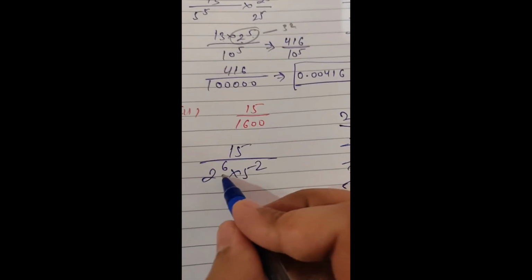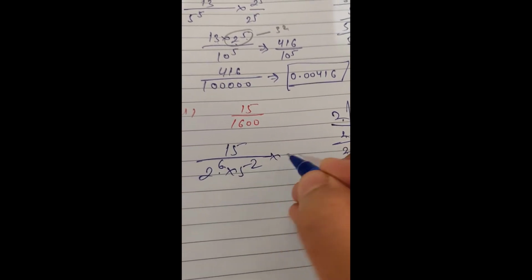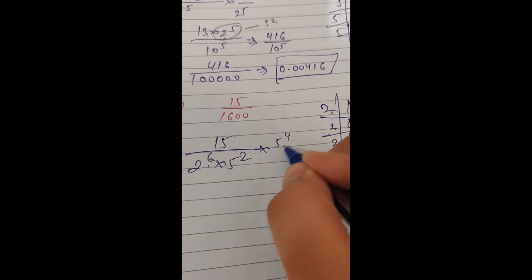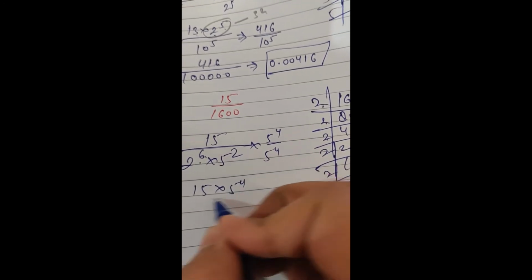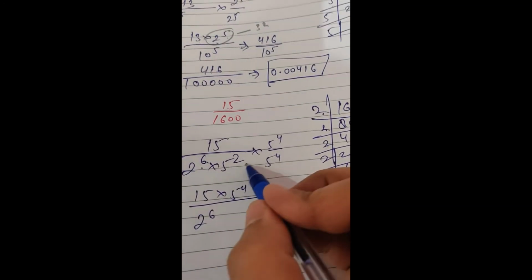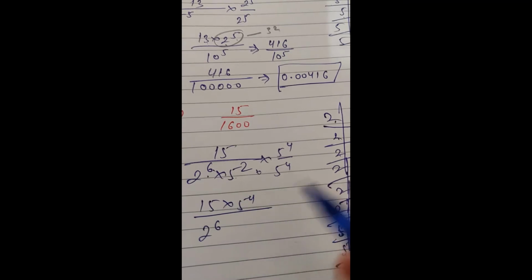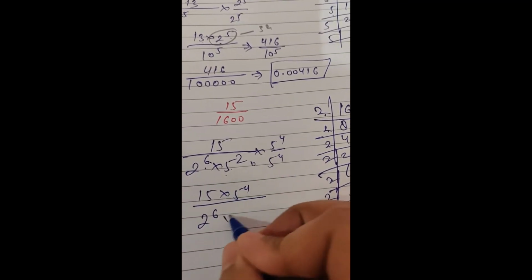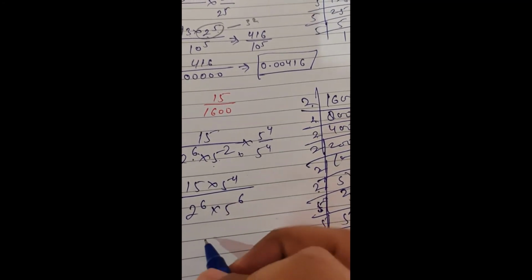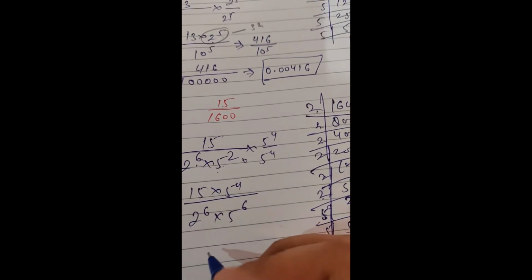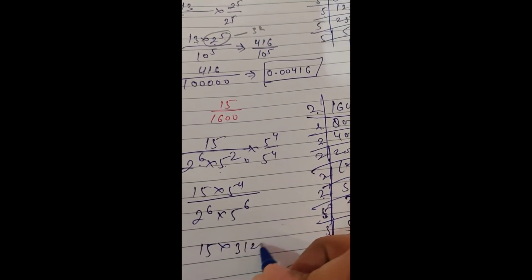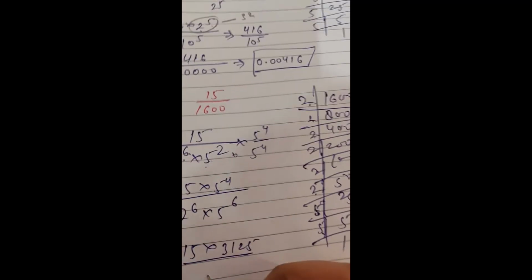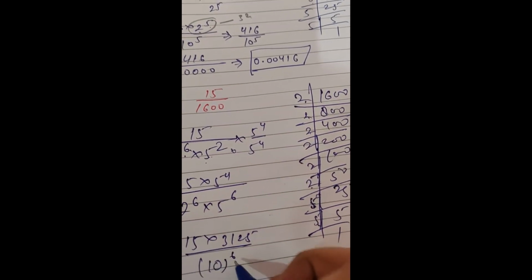So we need to make the powers of 2 and 5 even, like balance. So 5 to the power 4 in the numerator and denominator. So this is 15 into 5 to the power 4 upon 2 to the power 6 into 5 to the power 4. Now you can add by the laws of exponents, so this will be 5 to the power 6. So 15 into 5 to the power 4, which is 3125, upon 10 to the power 6.